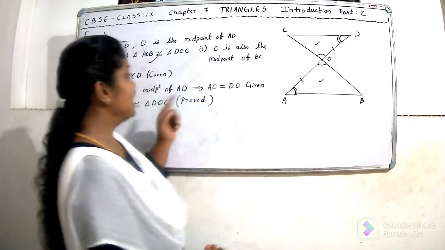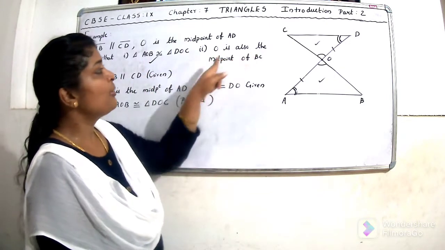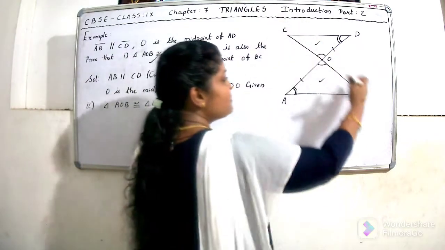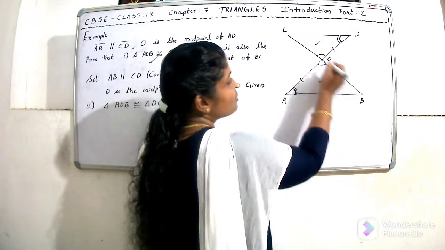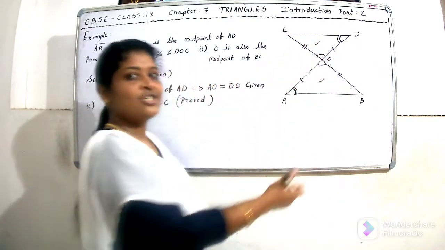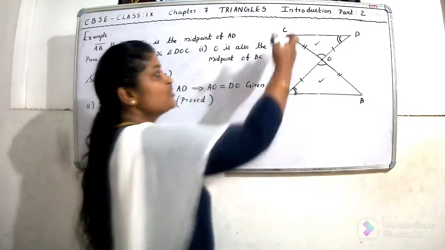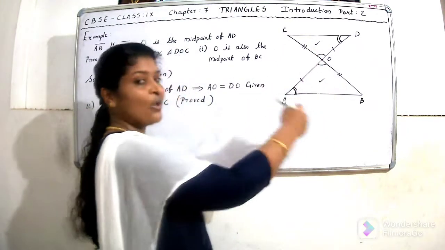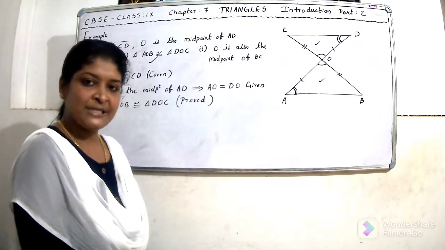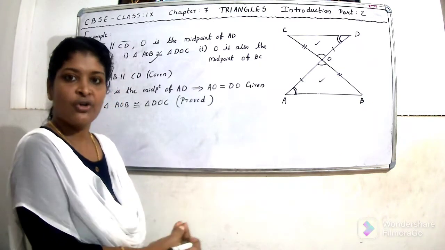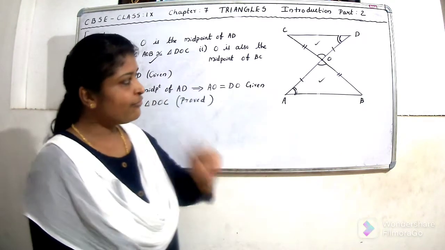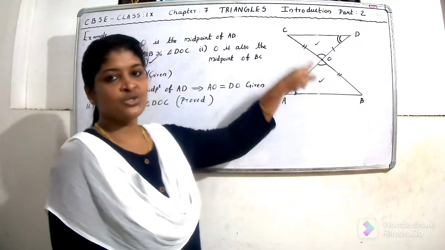So here we needed O is also the midpoint of BC, so the line BC we have to take. These two sides are also equal. What is the reason? Because of CPCT, corresponding parts of congruent triangles are equal.